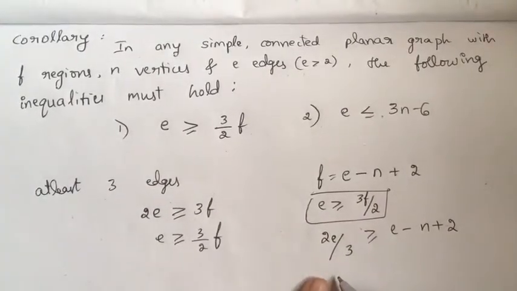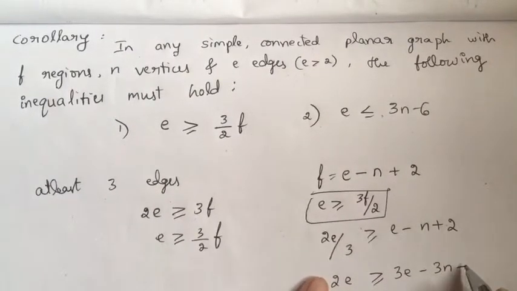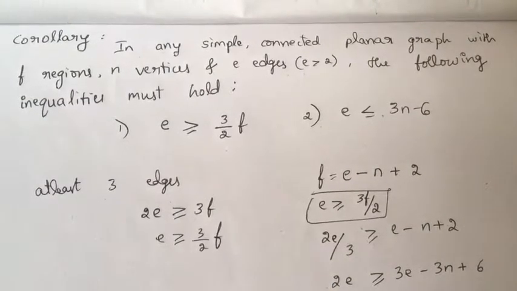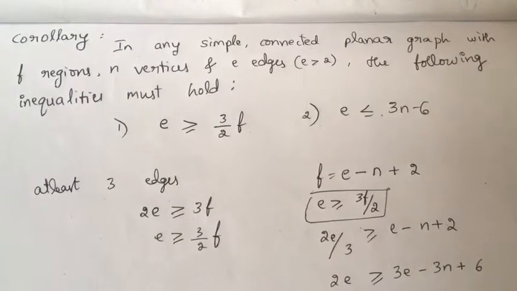Now 2e is greater than or equal to 3e minus 3n plus 6, that is 3n minus 6 is greater than or equal to e. So these two hold good.